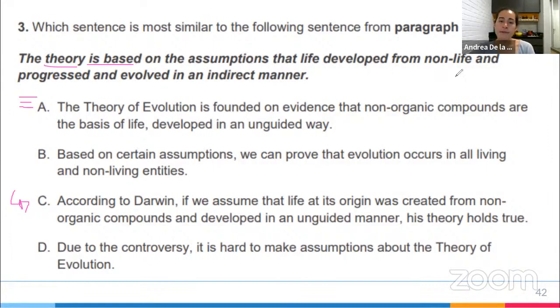Then we have life developed from non-life, which is basically non-organic compounds are the basis of life, and progressed and evolved in an indirect manner, basically developed in an unguided way. Pretty much the same. But what happens? There's a word that's not so close to the one in the original sentence. We have the word evidence versus the word assumptions. So there's that.